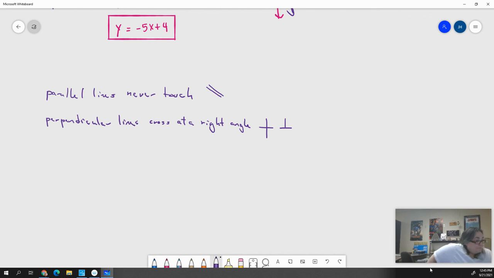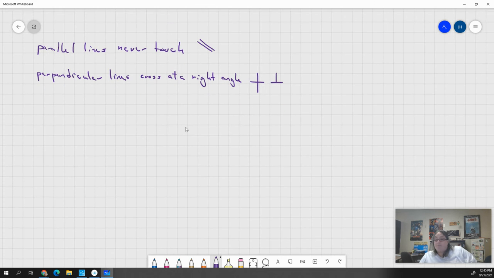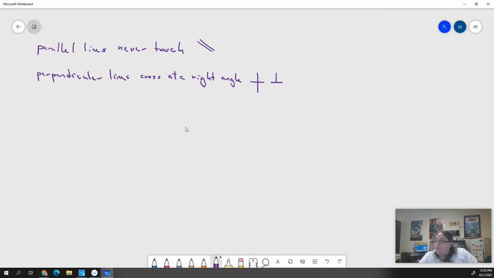Now, perpendicular lines and parallel lines have something in common, right? If two lines have the same slope, they are parallel.